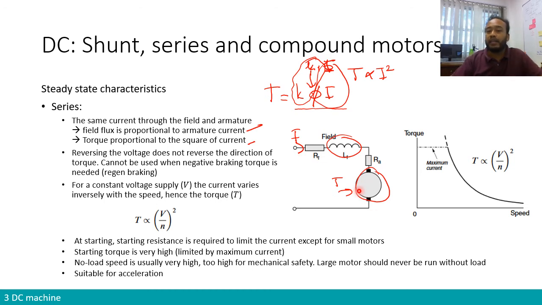But what happens if the load over here is producing a higher back EMF than the voltage? We have learned before, if the back EMF is higher than the voltage, then the machine is functioning as a generator. Because back EMF is higher than the voltage supply, the current is going to circulate in the opposite direction.